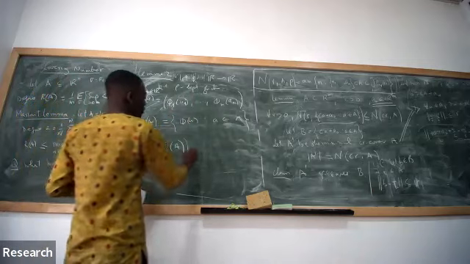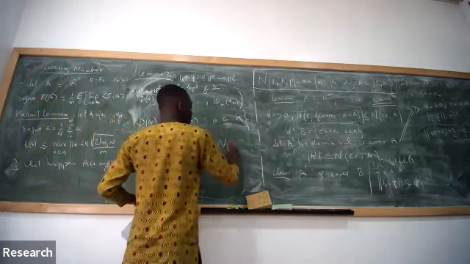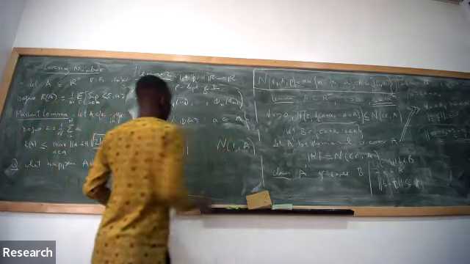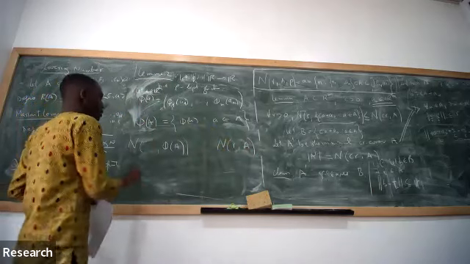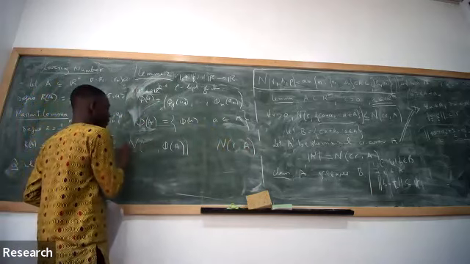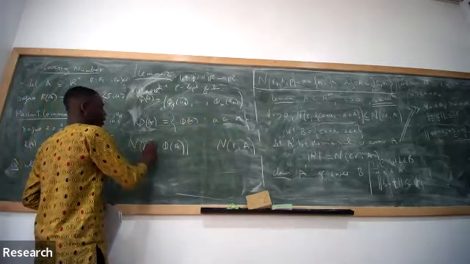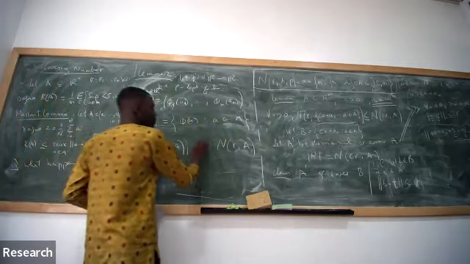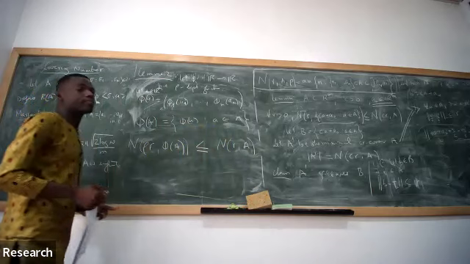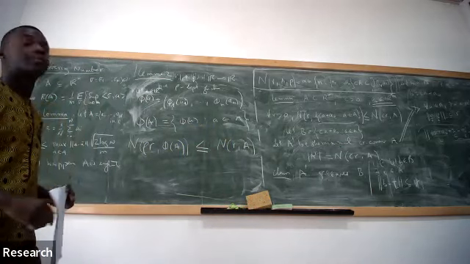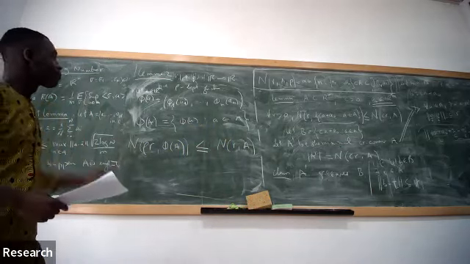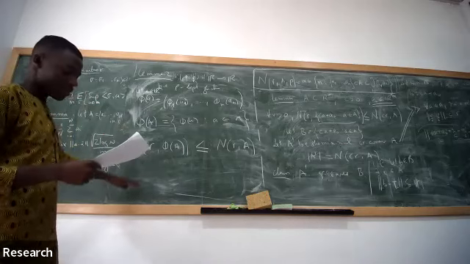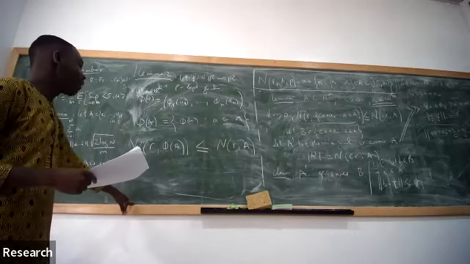And actually they prove that the norm of phi of A, rho R, is less than or equal to this. They prove that. This is just a basic property.